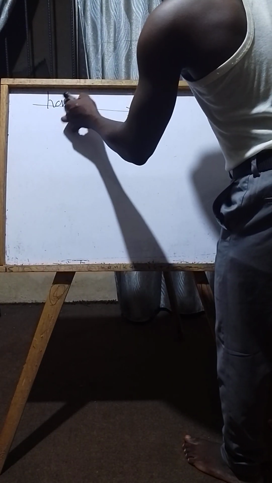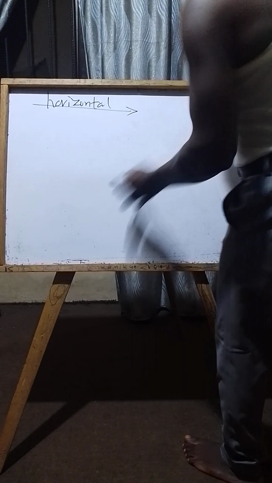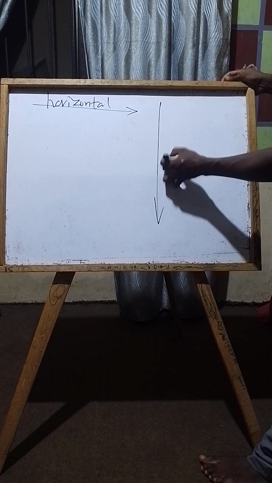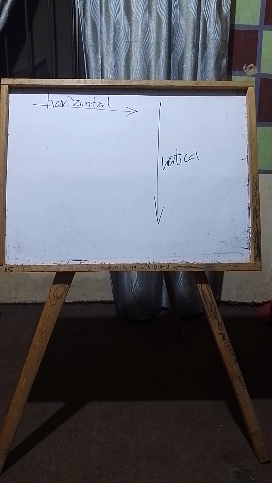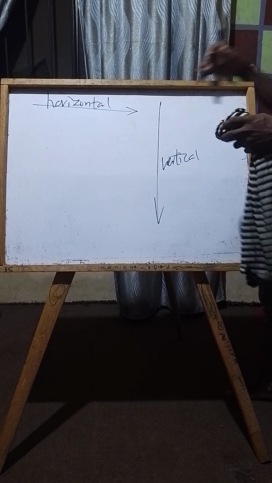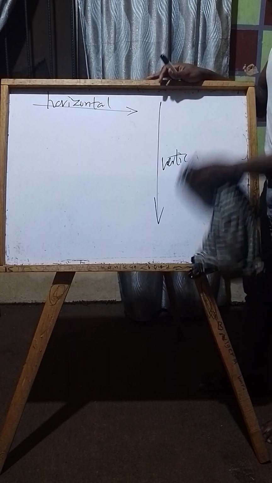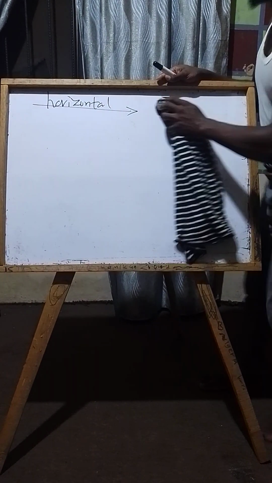When we say horizontal, this is horizontal. Vertical, this is vertical. Are you getting me? So the line that runs along the y-axis in your graph is the vertical line, while the line that runs through the x-axis is the horizontal line.